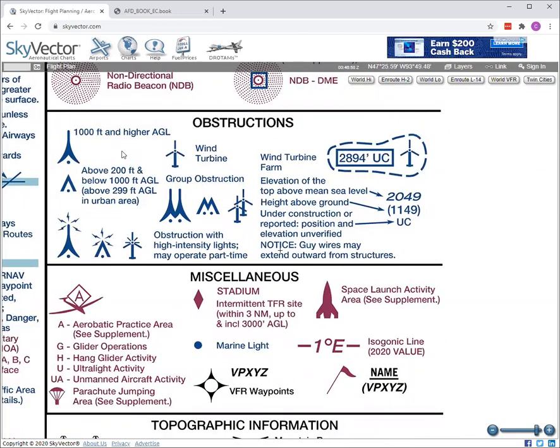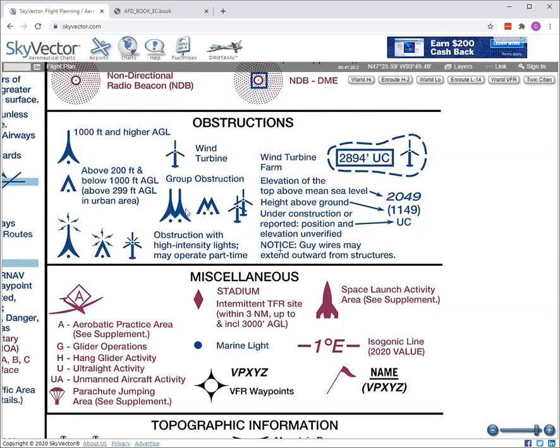All right, obstructions. So these are going to be towers, wind turbines, wind turbine farms, anything that might stick up into the sky. So your basic tower here is going to be this little shape. And if it's really tall, like this one, it's going to be above 1,000 feet AGL.